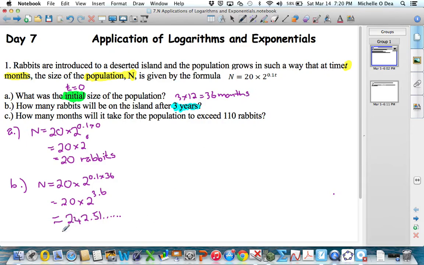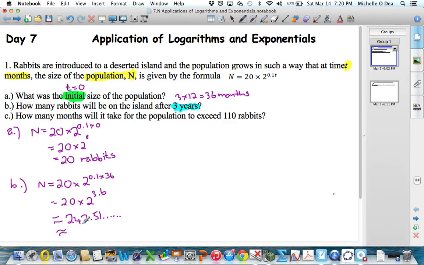So in 36 months, I would probably round that up. But I think it would also be acceptable to round down. If we stick to 3 significant figures, that's probably the easiest. I think it's acceptable to say 242 or 243. Maybe 243 is the most reasonable because there's 242 live rabbits at that point in time.